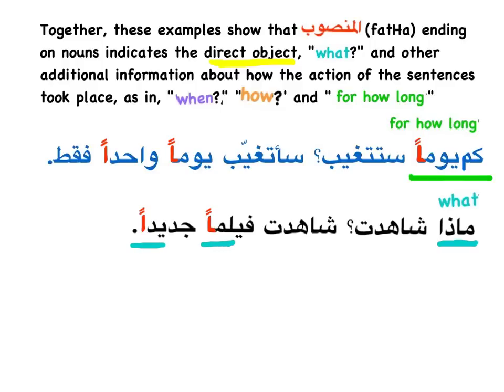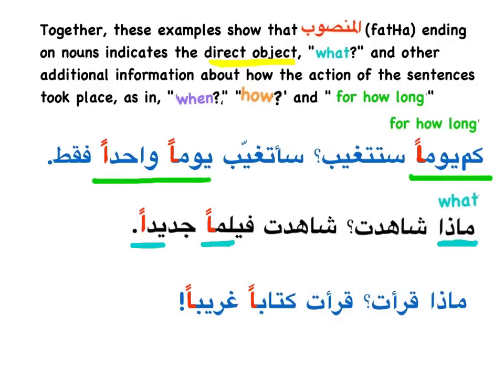Just as this يوما واحدا is the answer to كم يوما, فيلما جديدا is the answer to what, ماذا. Same with ماذا قرأت كتابا غريبا. So ماذا again, and this is the answer to what did you read? I read a strange book.